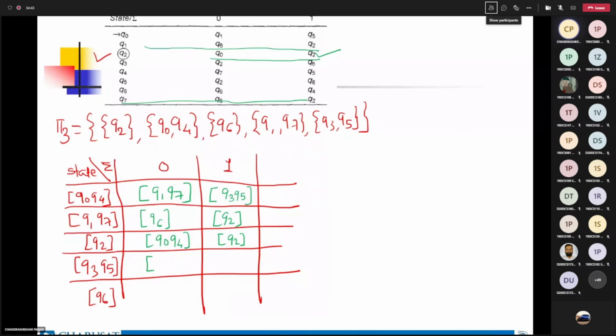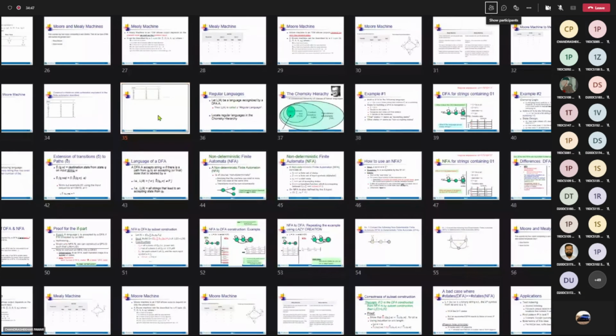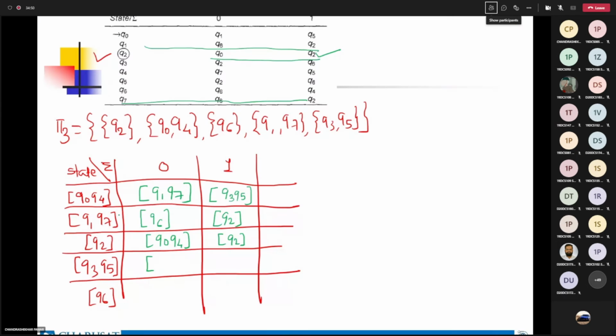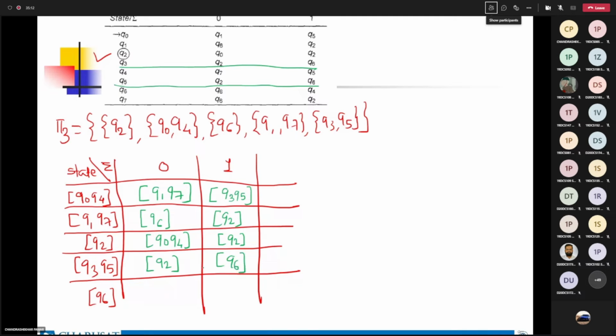Next Q3, Q5. Q3, Q5, Q2, Q6. Q6. Next Q6, Q6 and Q4.